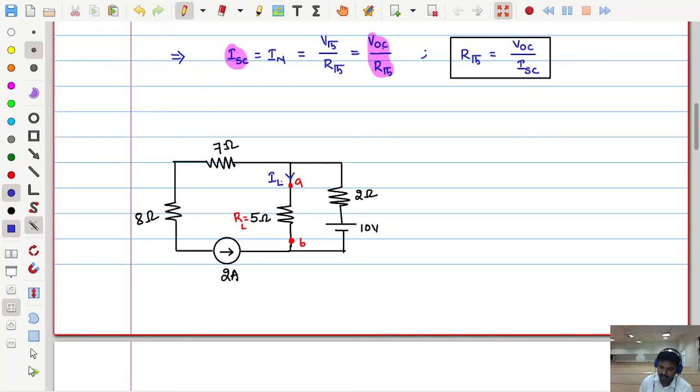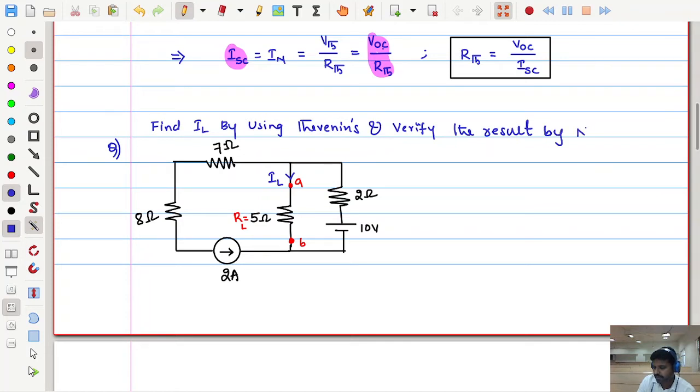So the question is: find IL by using Thevenin's theorem and verify the result by Norton's theorem.